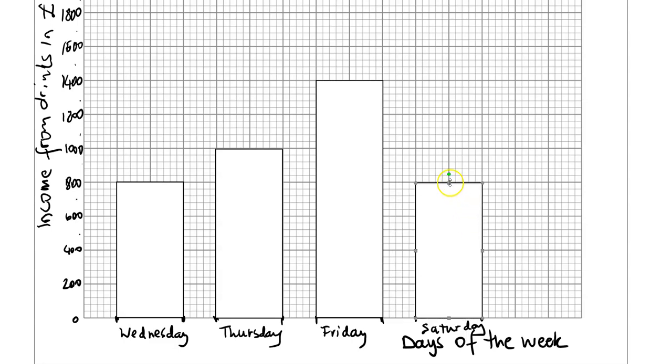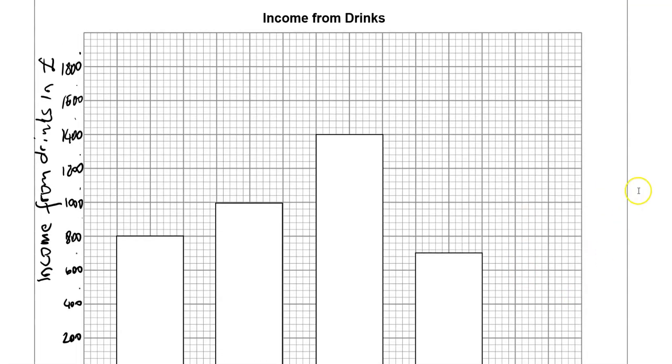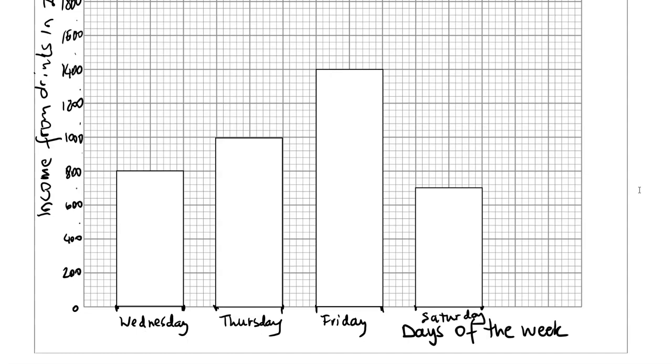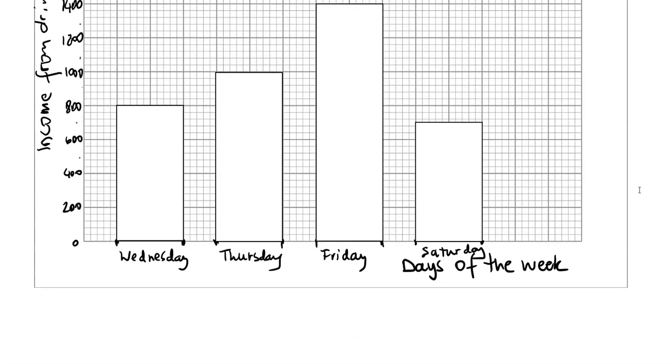So we're going to go down a bit, right in between 600 and 800, right in the middle. And you can do a final check, and the bar chart is complete.